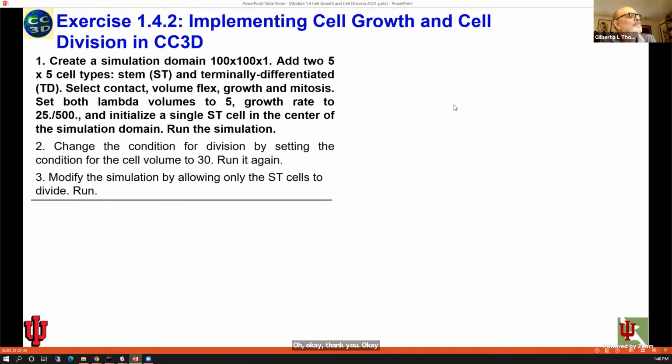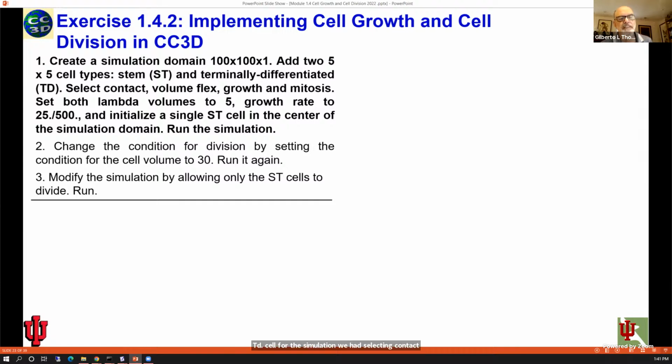Okay, let's implement the cell growth and cell division now in this exercise. It's basically the same beginning as the previous exercise, but now we are going to create two cell types, stem cells and non-stem cells, a terminally differentiated TD cell. For the simulation, we are selecting contact, volume effects, growth, and mitosis.